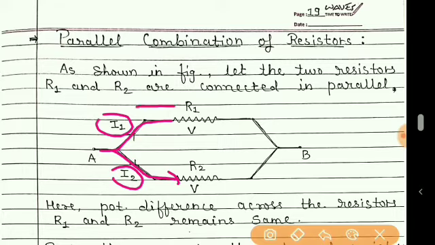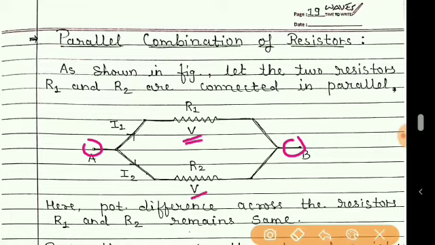I1 current flows through resistor R1 and I2 current flows through resistor R2. Here, as these two resistors are between points A and B, the potential drop across each resistor will be the same. Current will be different, but potential will be the same.